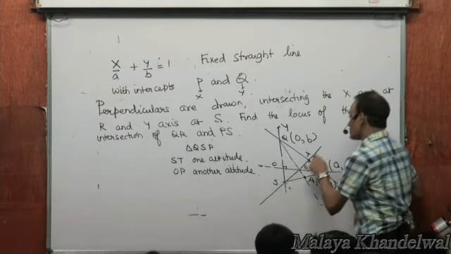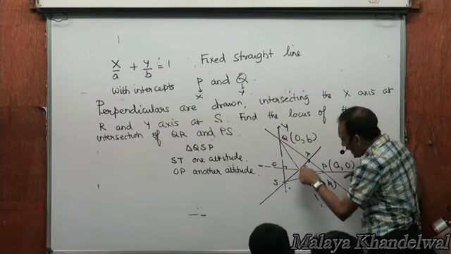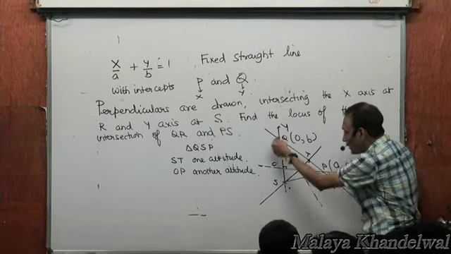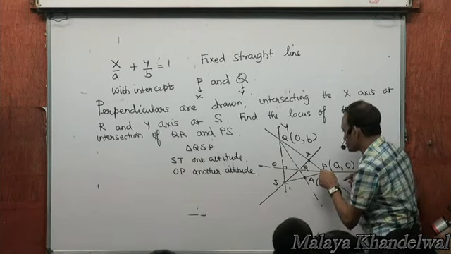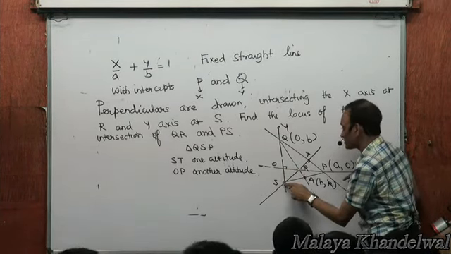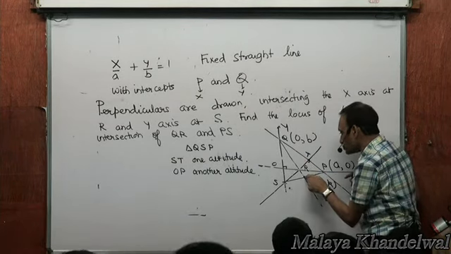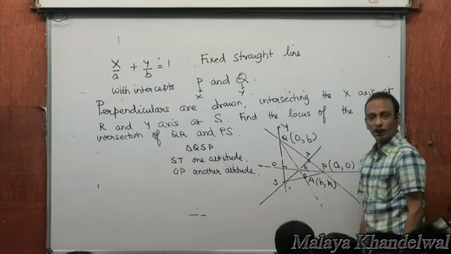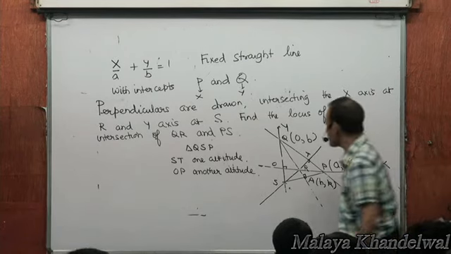So this altitude and this altitude intersect at R. So if you join Q and R, that must give you the third altitude. Should QA not be the third altitude then? Altitudes of a triangle are concurrent. This is one altitude, this is another altitude from S, and therefore QA must be the third altitude. Do you understand that?